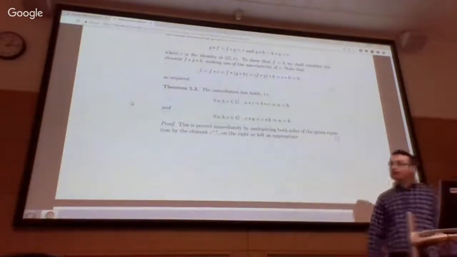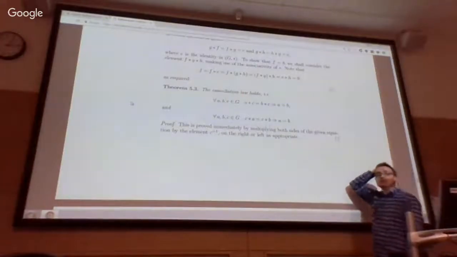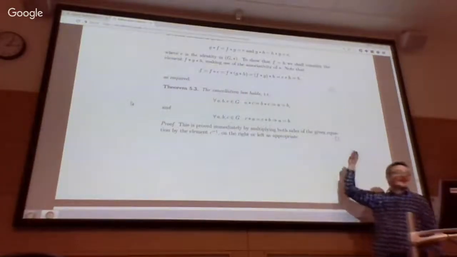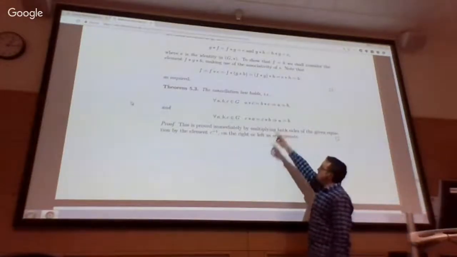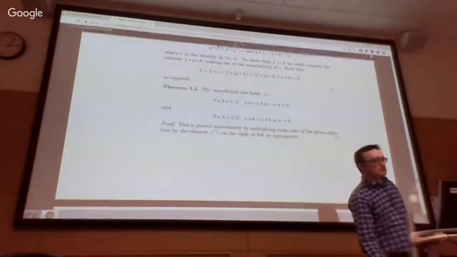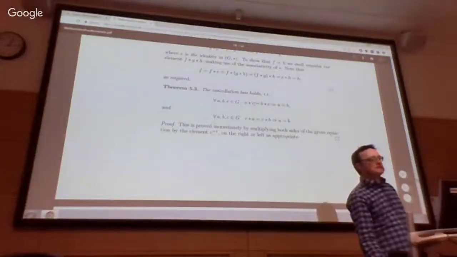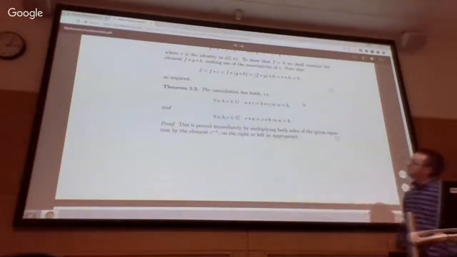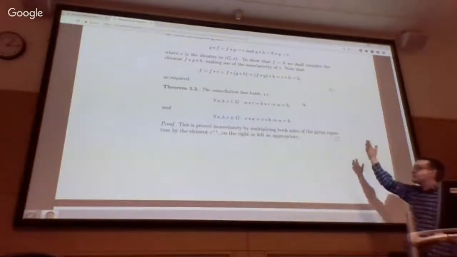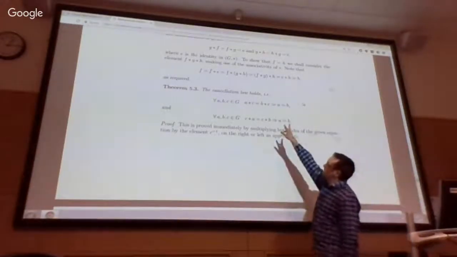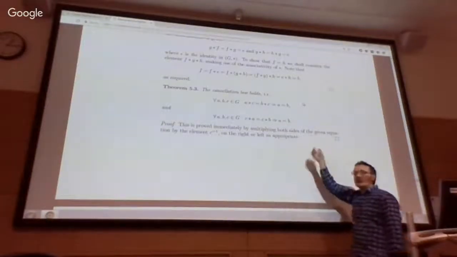A third property is the cancellation law that you can use. The cancellation law tells you, well, if you ever encounter a situation where A times C is the same as B times C, then you can conclude that A equals B. You can get that by a combination of the existence of the inverse element of C and the property of the identity.